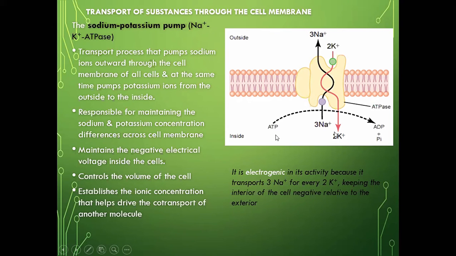That is the leakiness of potassium. But you notice that only 2 potassium are returned to the inside, while 3 sodium are pushed out to the outside, right? Remember, you have more sodium outside and more potassium inside. But since it's only 2 potassium, there is 1 lacking.